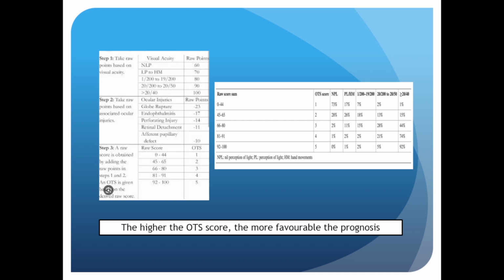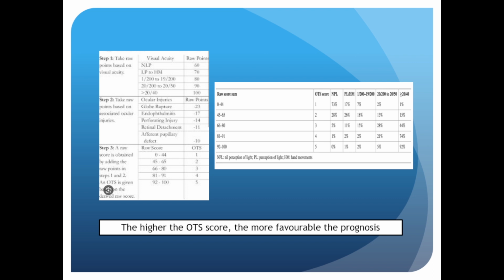Then, how do we calculate the ocular trauma score, which we have to do for every trauma patient? On the left side, you can see there are three steps. In the first step, we look at the visual acuity. If the patient has no PL, we take the raw points as 60. Hand movement, it will be 60, and accordingly we take the raw points in step 1. Step 2: if it is a globe injury, we have to deduct 23, and 17 for perforating injury, 14 for the others.